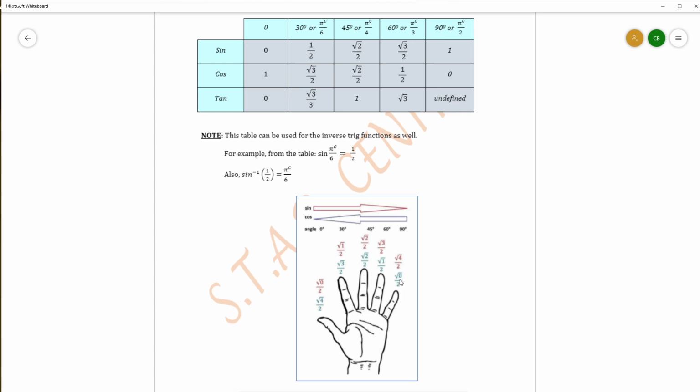So for cos, it's very similar, where we have the square roots in the numerator, all the denominators are 2, and in the square roots we have the numbers 0, 1, 2, 3, 4. So you can learn either this one or the table, as long as you know what the surd values would be for these trig functions.